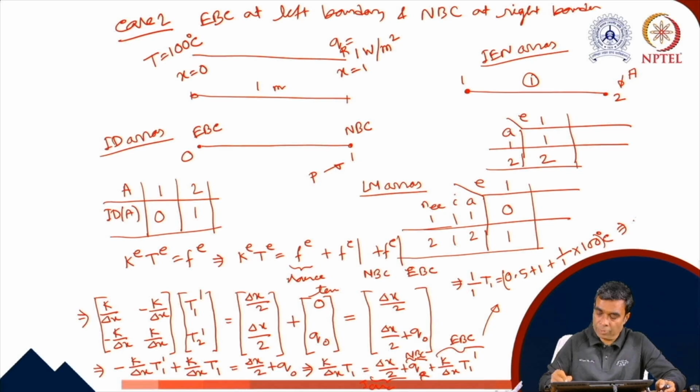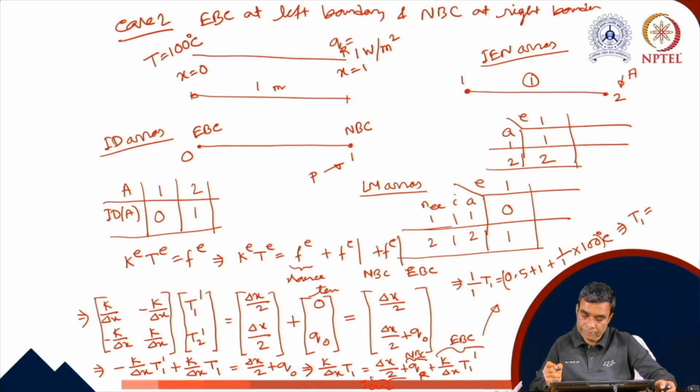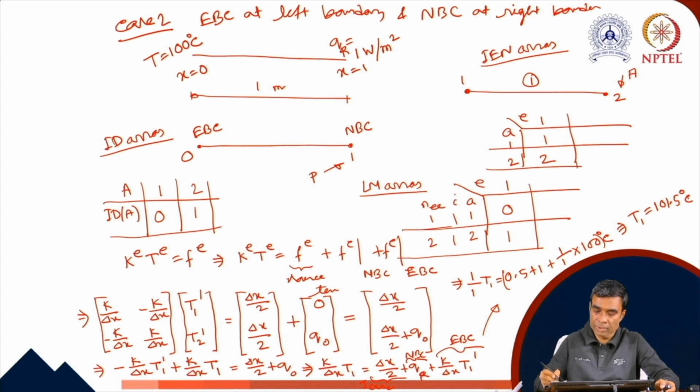So from here we find that T1 equals 101.5 degrees centigrade. So this is the temperature at the right boundary. We are finding that the temperature at the right boundary is more than the temperature at the left boundary.